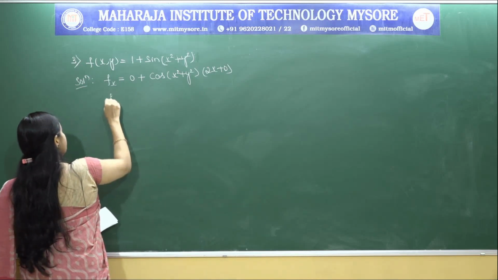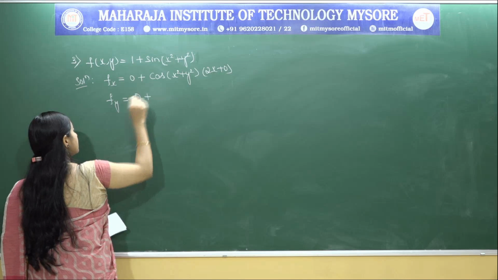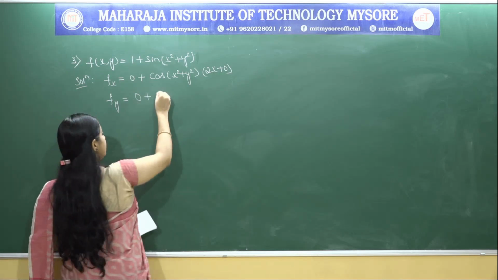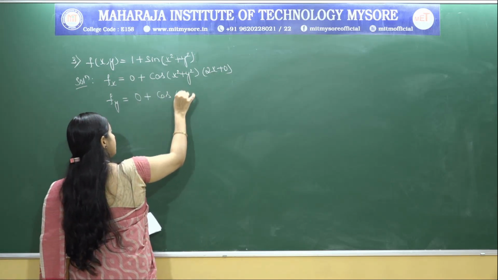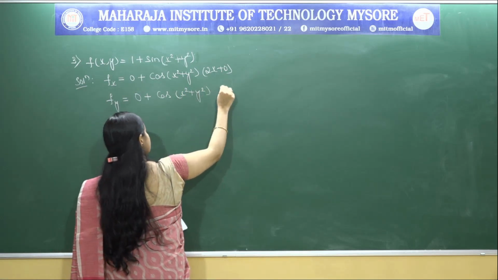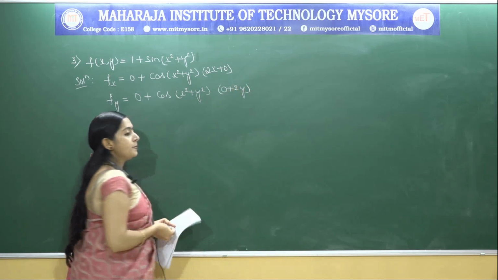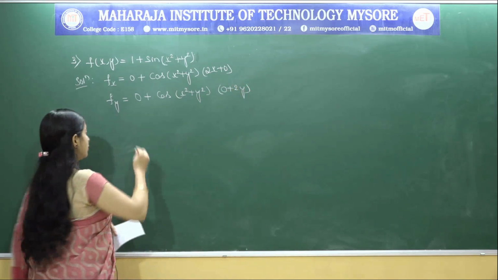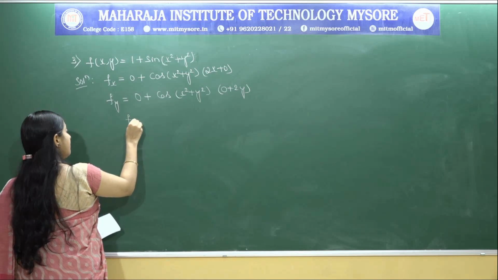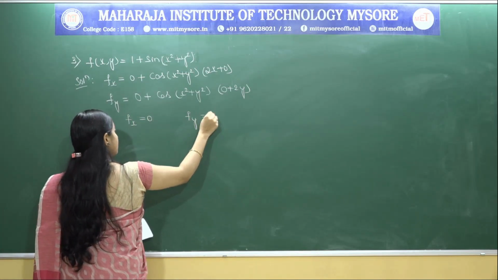Similarly, take the next derivative fy: the differentiation of 1 is 0, differentiate the sine again, you will get cos of (x squared plus y squared), then x squared differentiation is 0 and y squared differentiation is 2y. Then equate these to 0.